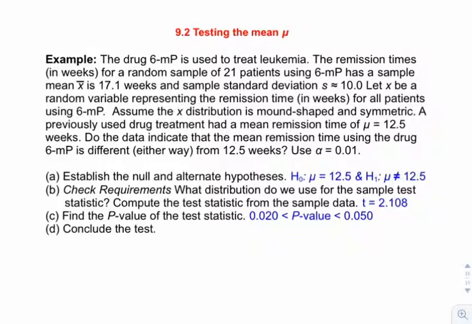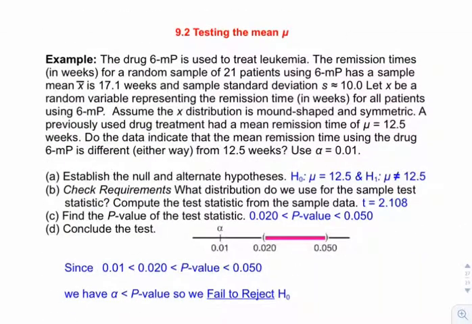We still need to compare it to alpha. So what we are interested in is comparing alpha and our p-value. Here is our alpha. Our p-value could be anywhere between 0.02 and 0.05. So we have a little number line here. Our pink area, that's our p-value.